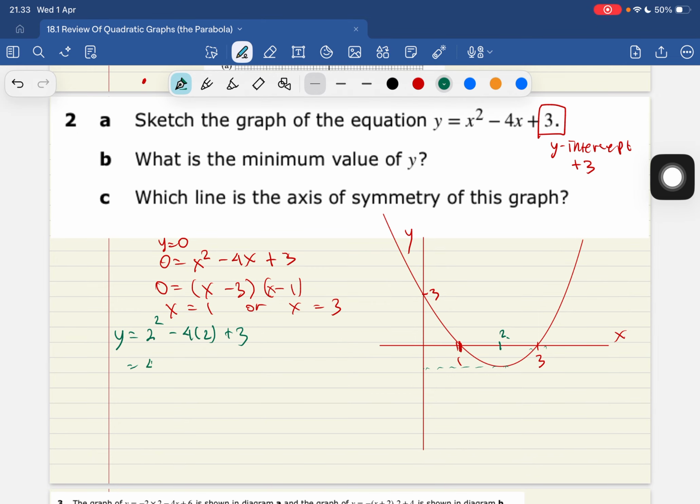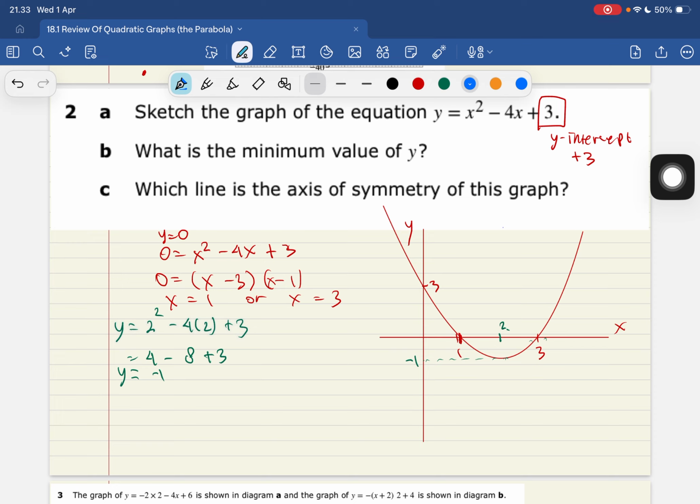So 2 squared is 4, minus 8 plus 3. So y equals minus 1. Here is minus 1, the minimum value of y. And then which line is the axis of symmetry? The axis of symmetry is here in the middle.